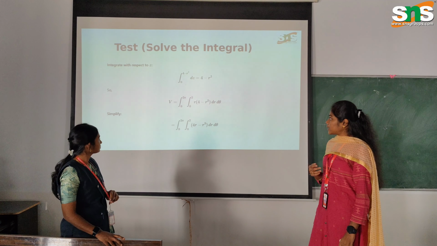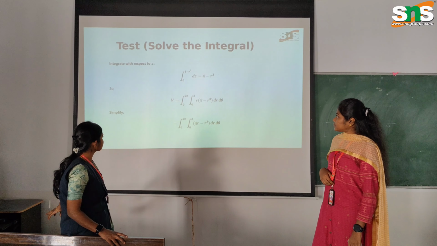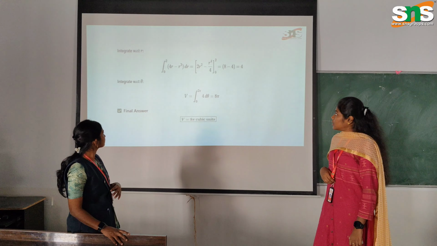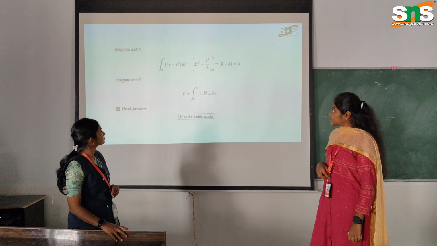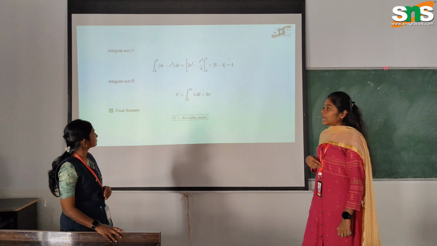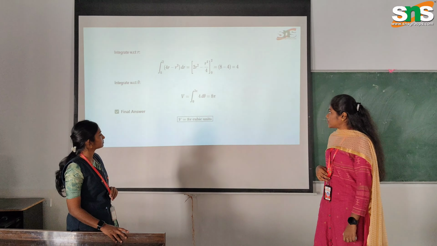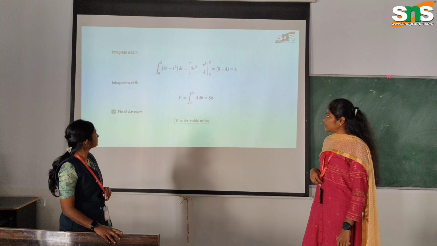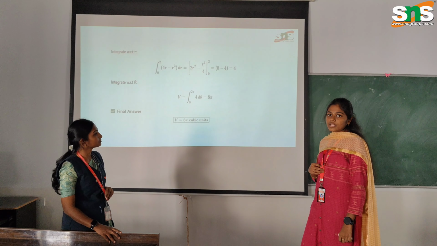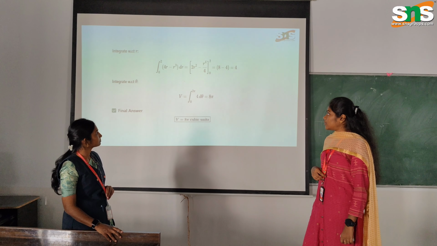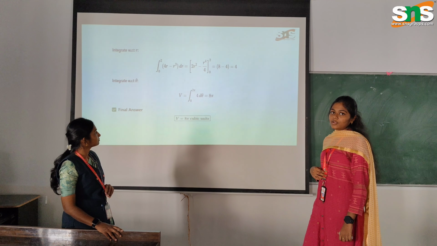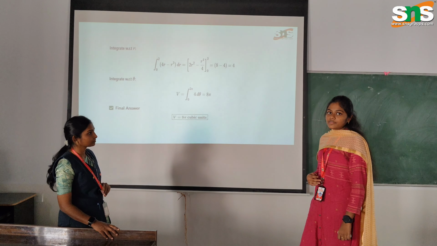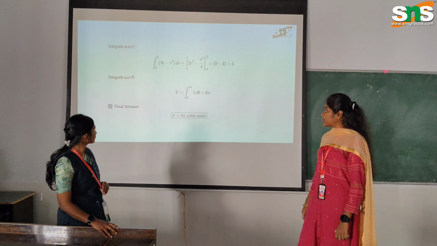Next integrating with respect to r, we get 2r² - r⁴/4, with upper limit 2 and lower limit 0. On simplification we get V equal to the integral from 0 to 2π of 4 dθ. Now integrating with respect to theta, we get V equal to 4 times the upper limit 2π minus the lower limit 0. On simplification, V is equal to 8π cubic units.